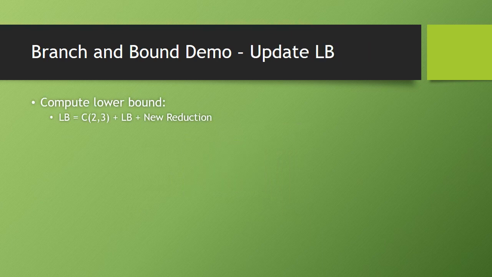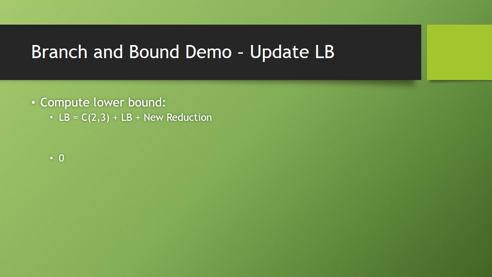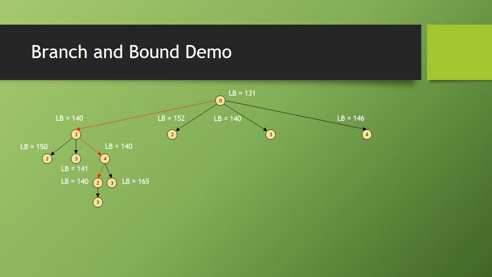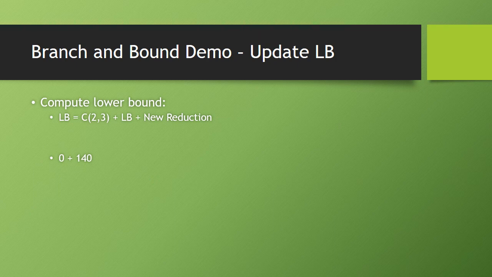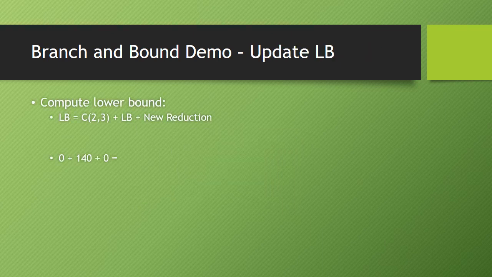So then we look at our cost from 2 to 3. 2 to 3 is 0. And then our lower bound is 140. And then our new reduction is 0, giving us a total of 140.